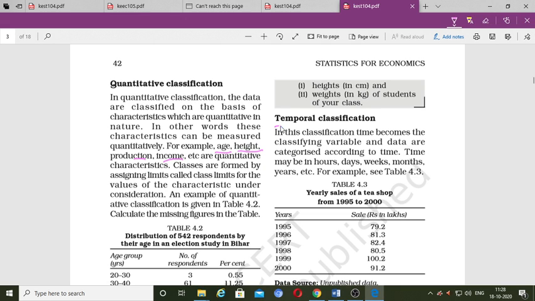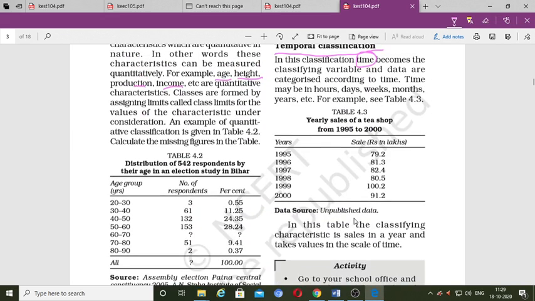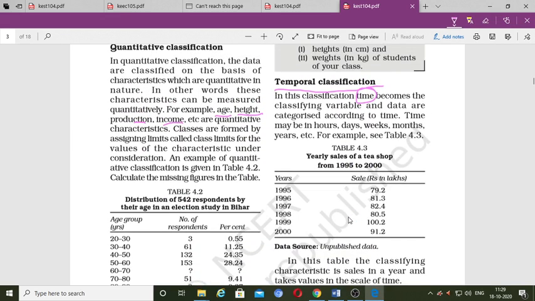Next is temporal classification. What is temporal classification? Temporal classification means we show the data according to different time periods. For example, it may be years, months, or days.